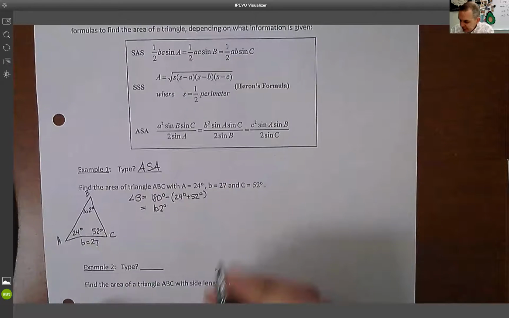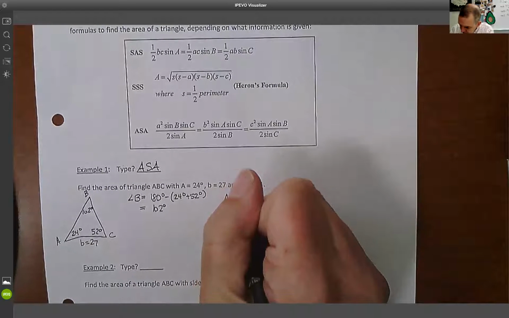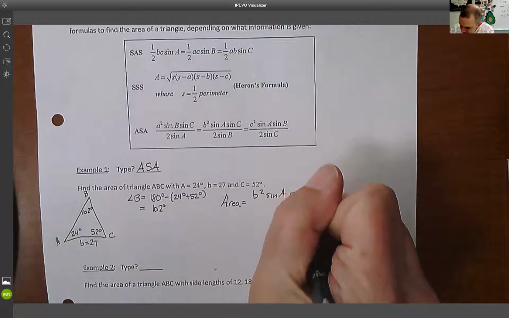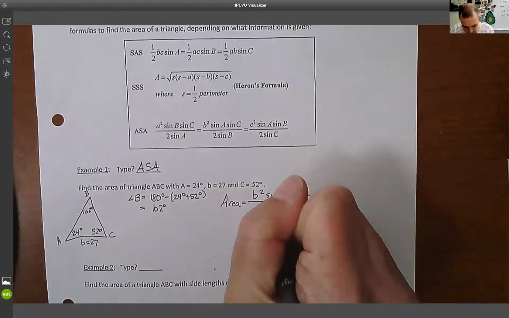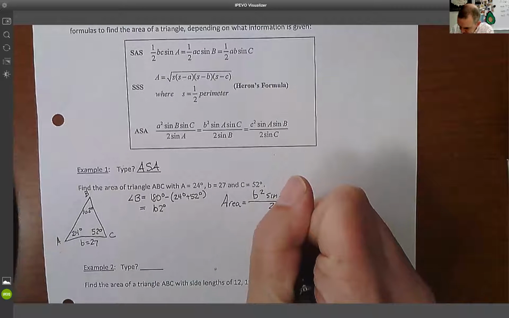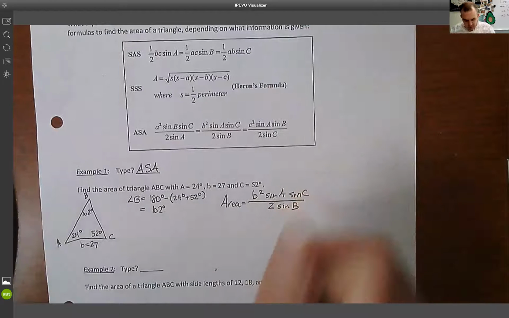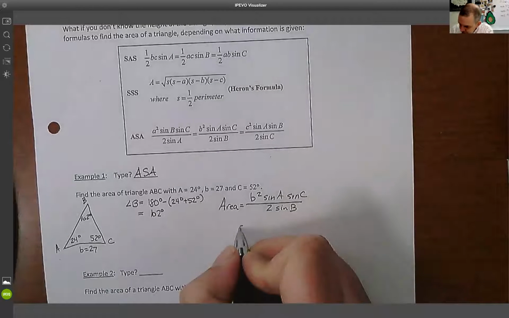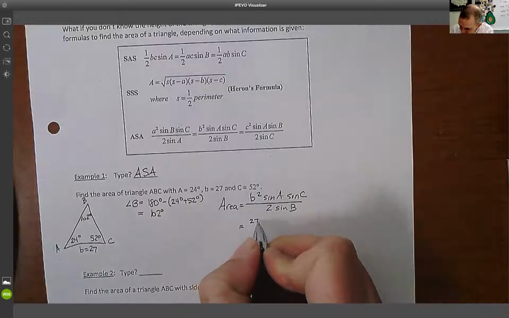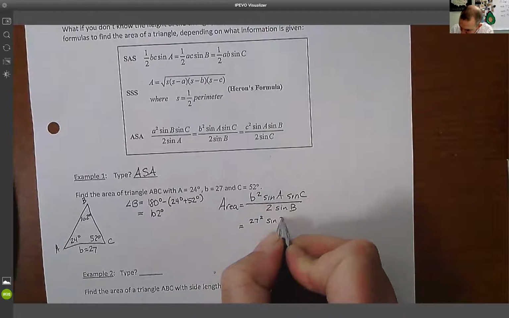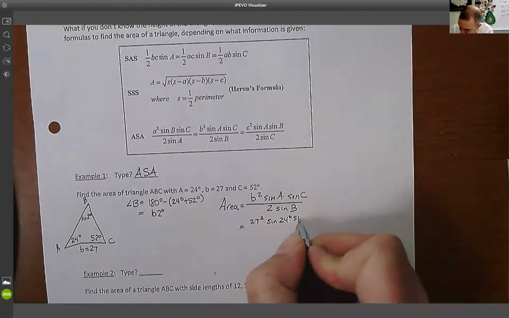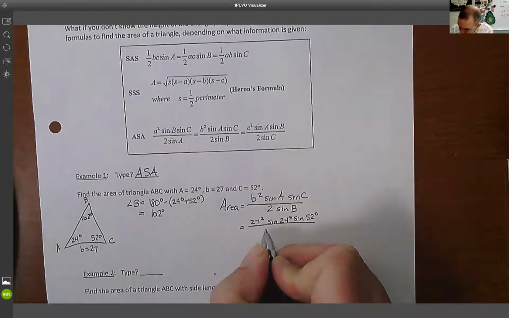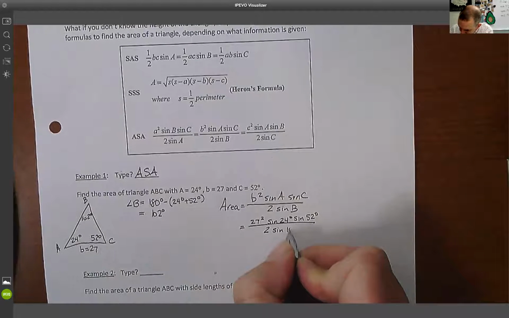Now to figure out the area of the triangle, we're going to use the middle one, B squared sine A sine C over 2 sine B. We plug in what we know and pick up the calculator. B is 27, so it's 27 squared, sine 24 degrees, sine 52 degrees, all over 2 sine 102 degrees.